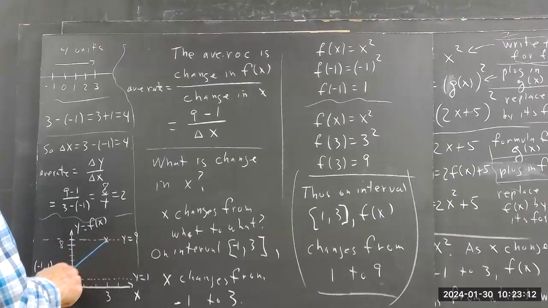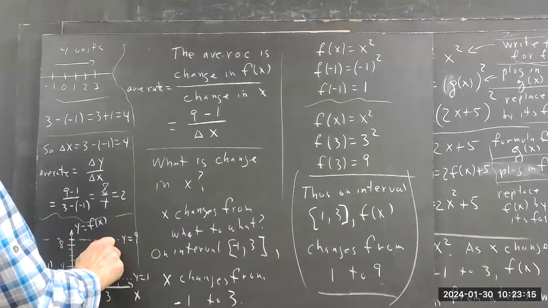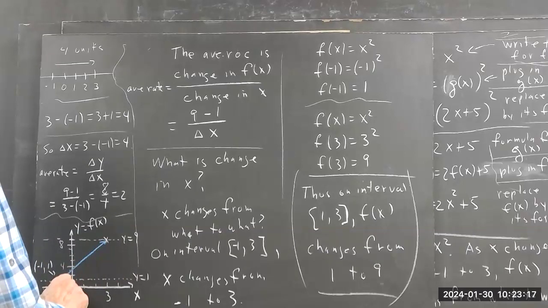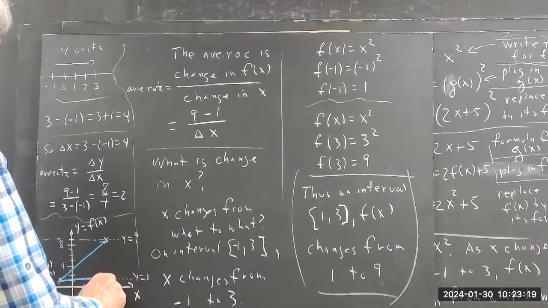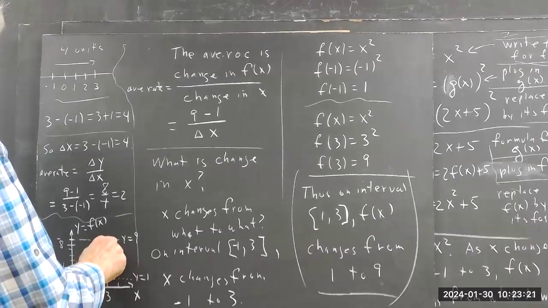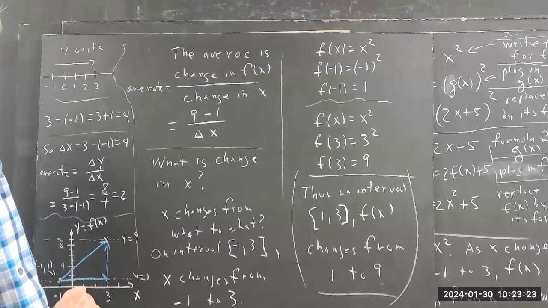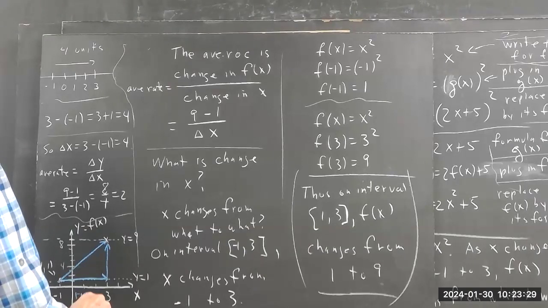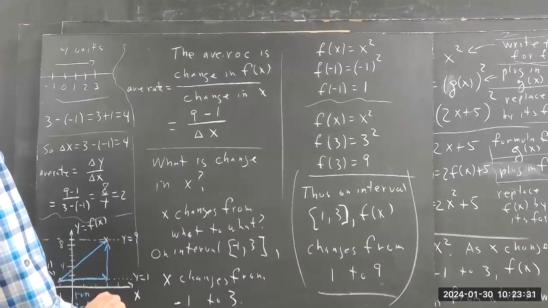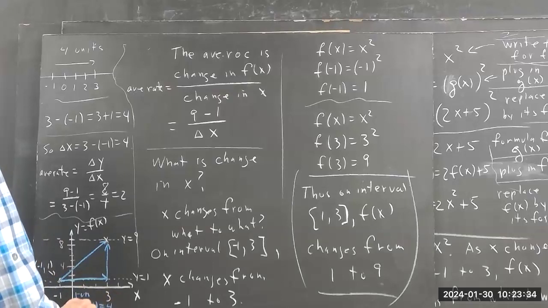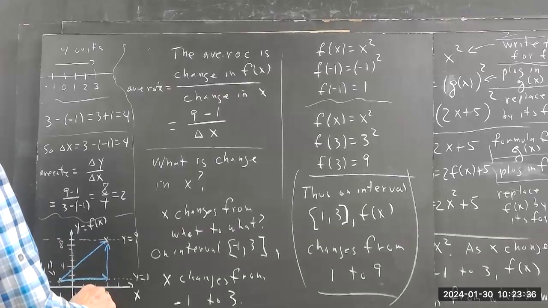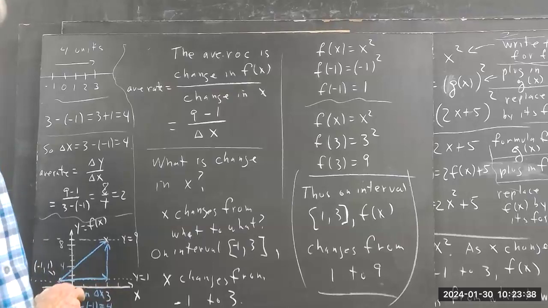A line from here to here, and we'll make it an arrow. And we have an arrow that goes from the leftmost point to the right. And we have a run. And the run is your change in x.